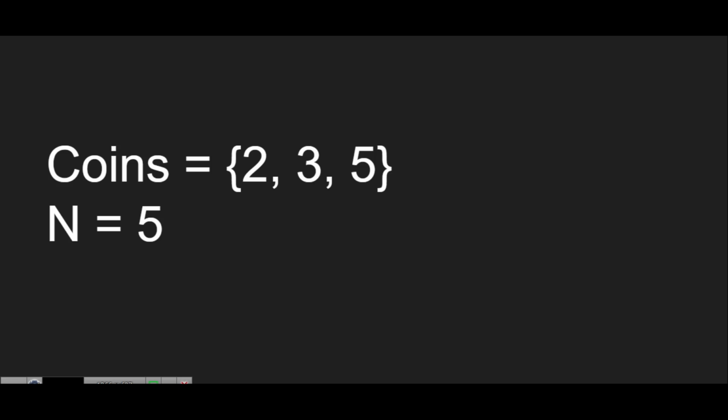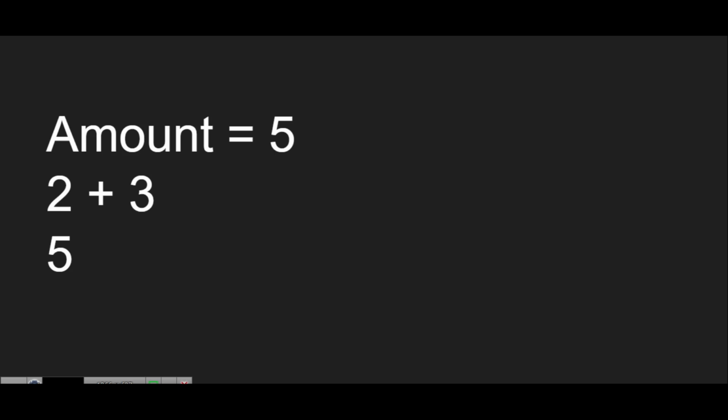For example, consider amount 5. We are going to count all the combinations to make amount of 5 using coin values of 2, 3, and 5. How can we do it? I can add up a coin value of 2 and a coin value of 3, or just pick a coin value of 5. So totally there are 2 ways to make the amount 5.